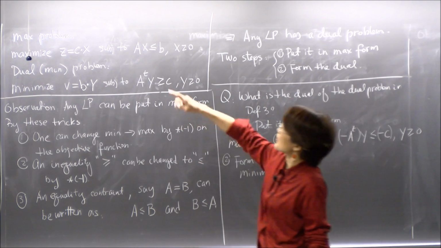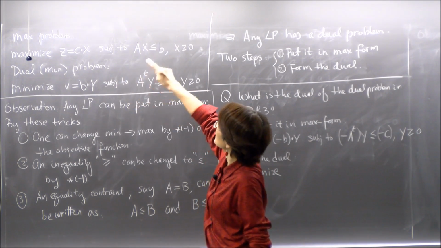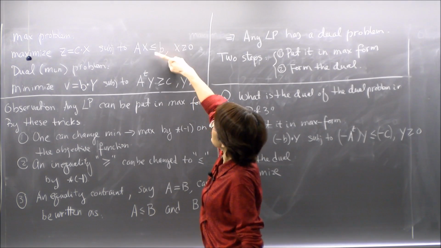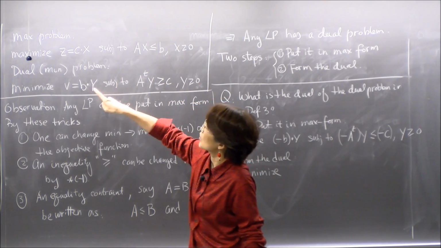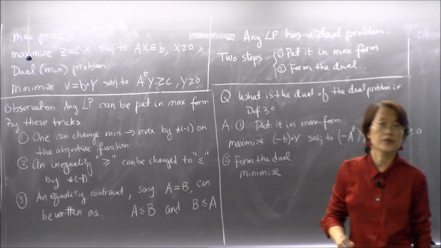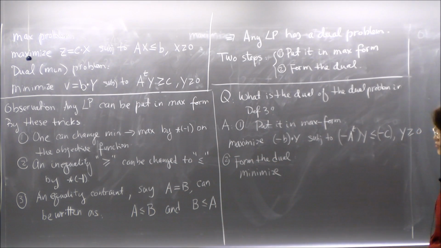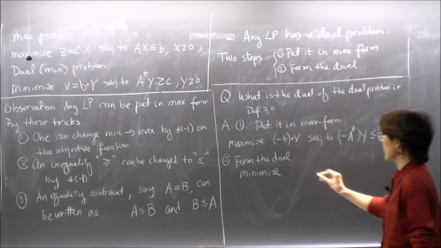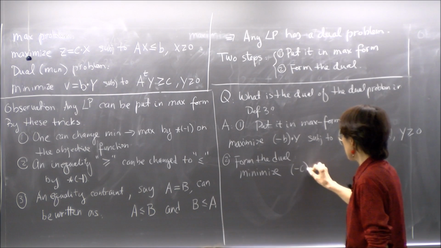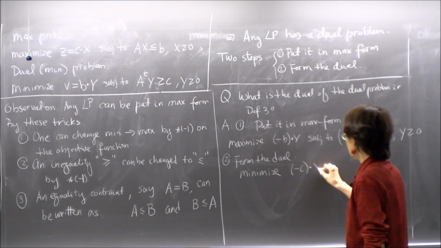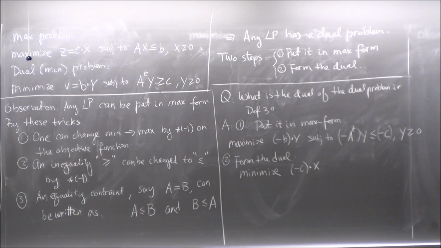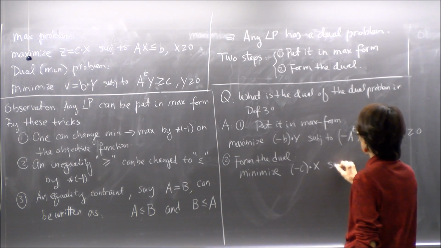Well, if you have a maximizing problem, the minimizing will take your constant vector here and dot product it with the variable. For the dual, I call my variable x because y is already used here. So I will take the constant on the right-hand side, which is negative c, and dot it with my variable x. I'm just strictly following the definition.